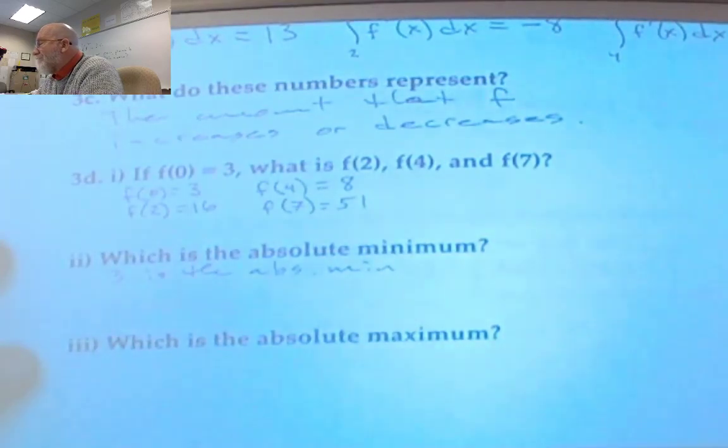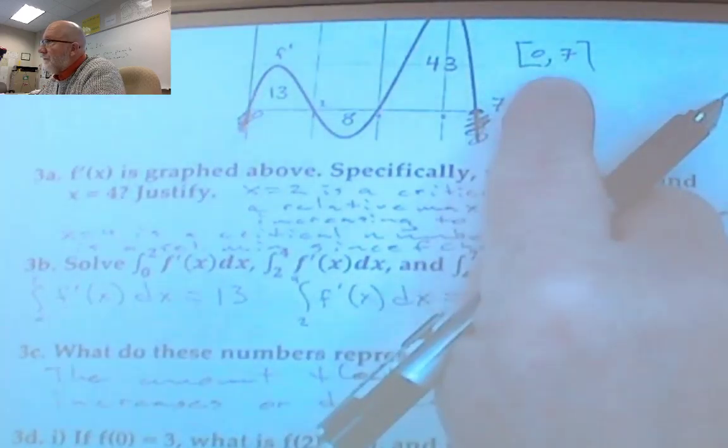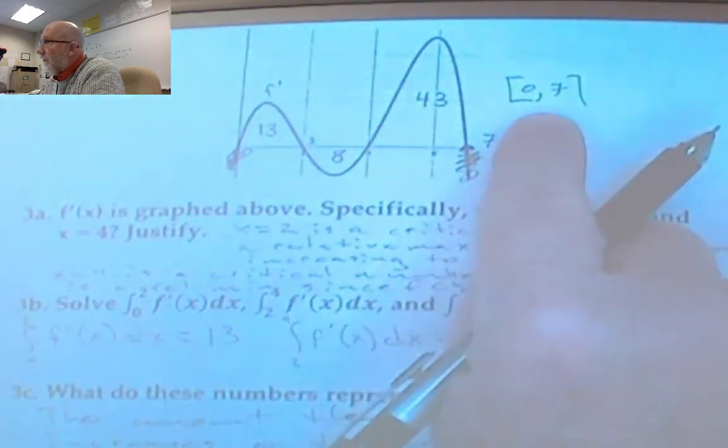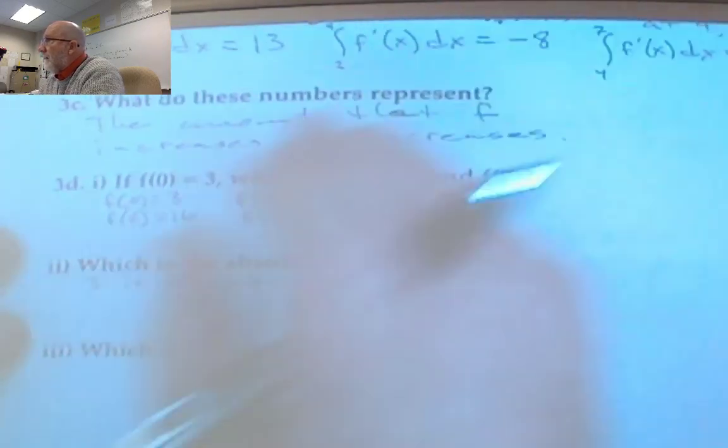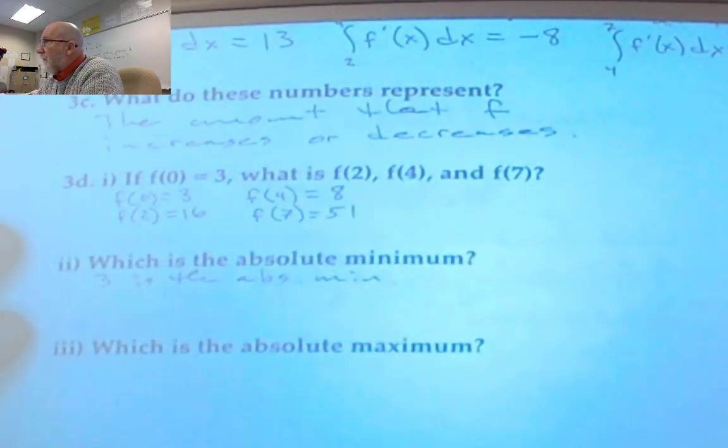Okay. This function is continuous and differentiable, correct? Okay. And it's on what kind of interval? Closed interval. And absolute mins and maxes can only occur where?